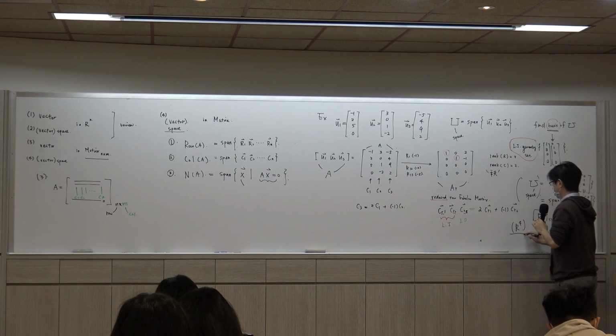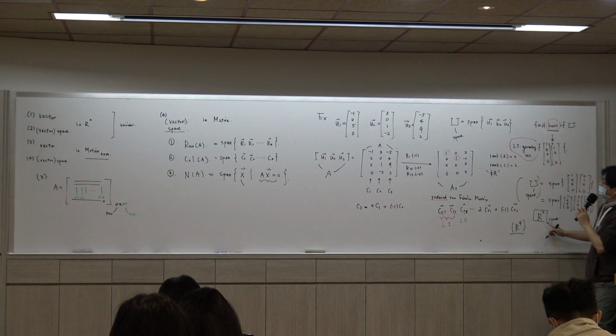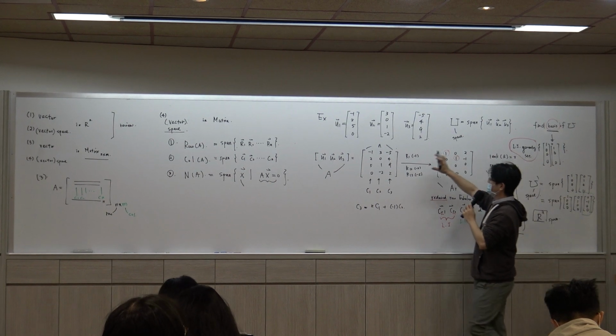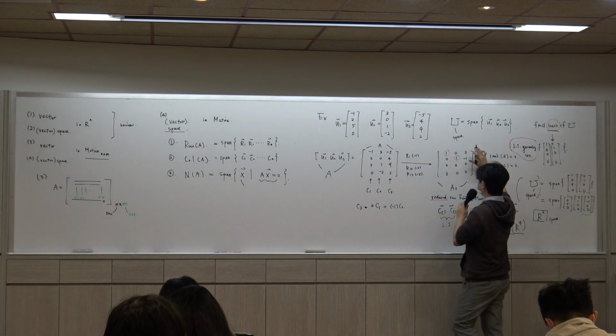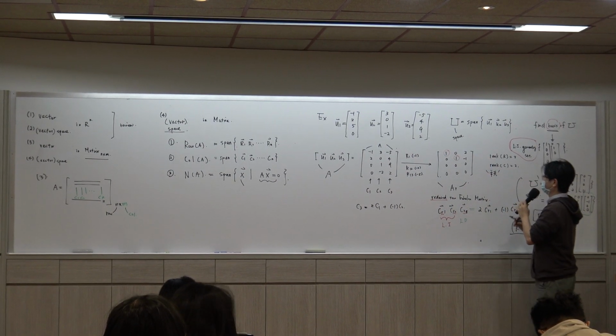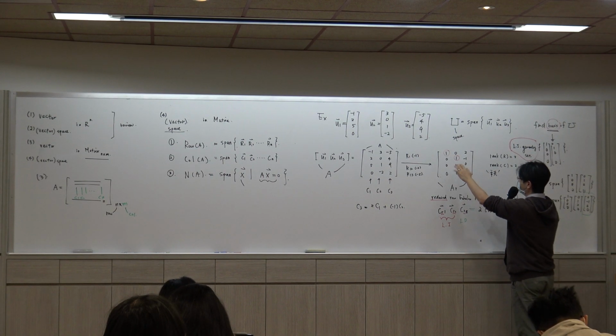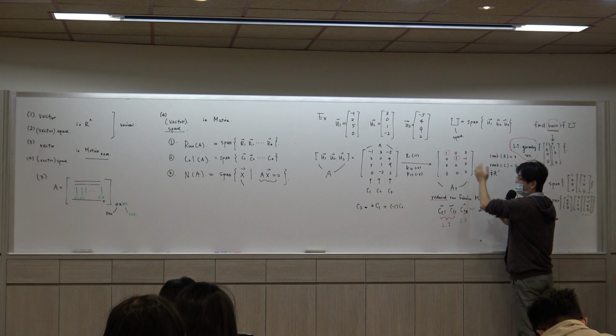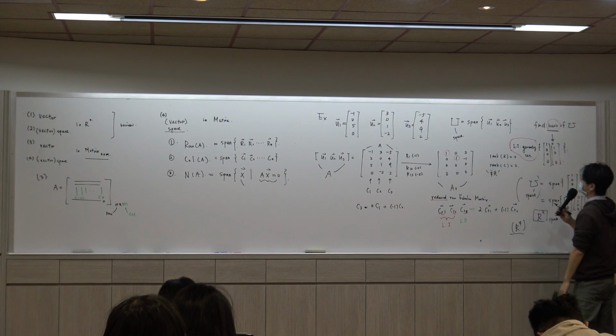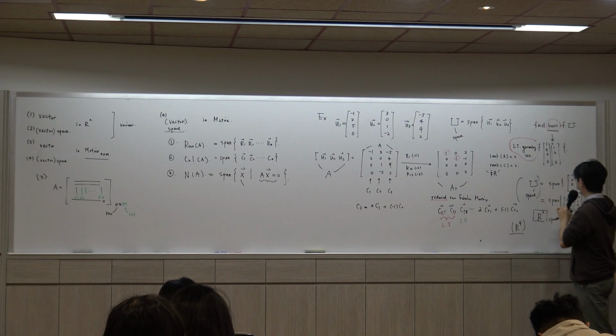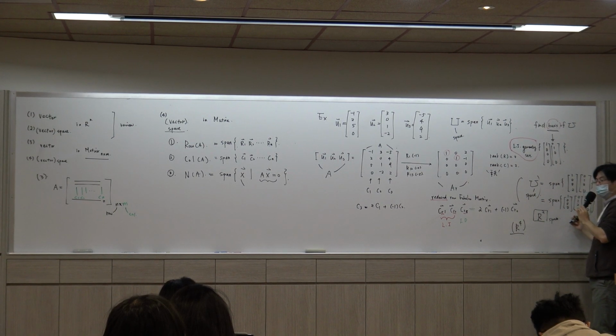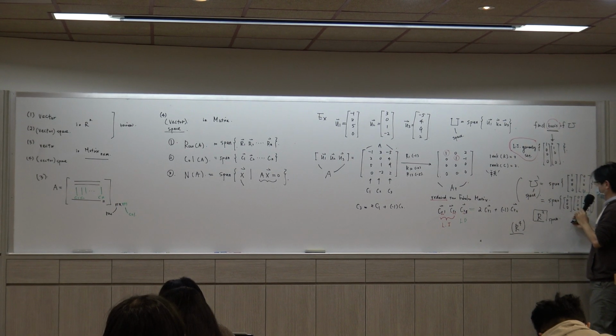But the answer after calculation, we have two pivots. So we have two linearly independent rows and columns. So the dimension of the space U is spanned with two linearly independent vectors.